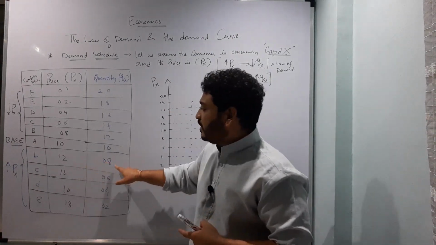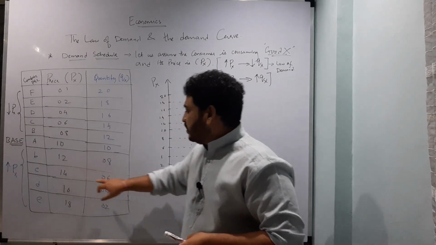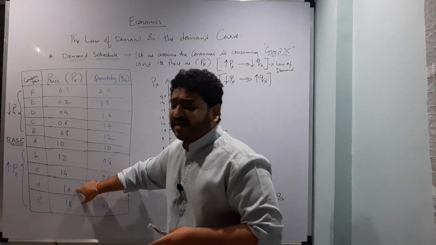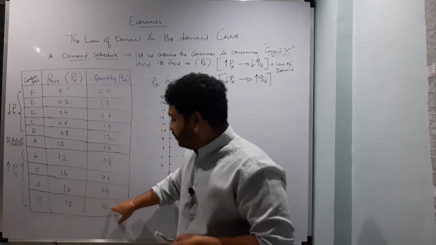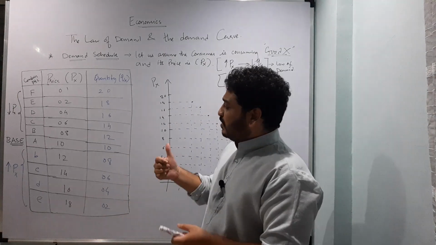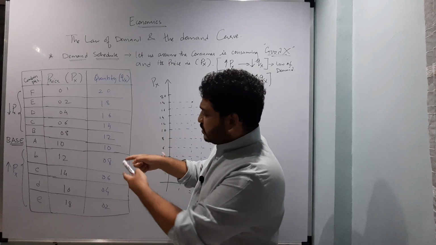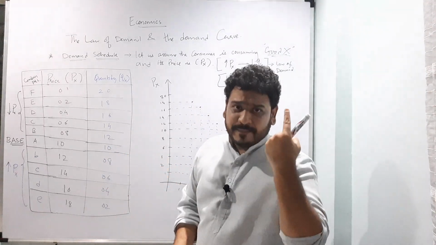So it goes down to 8. As the price further increases from 12 to 14, the quantity demanded goes to 6. When it increases to 16, it goes to 4. When it increases to 18, it goes to 2.